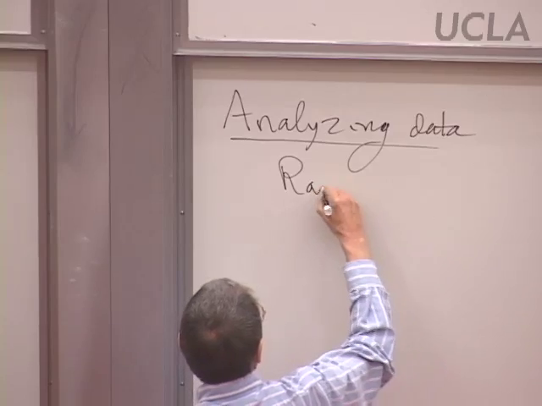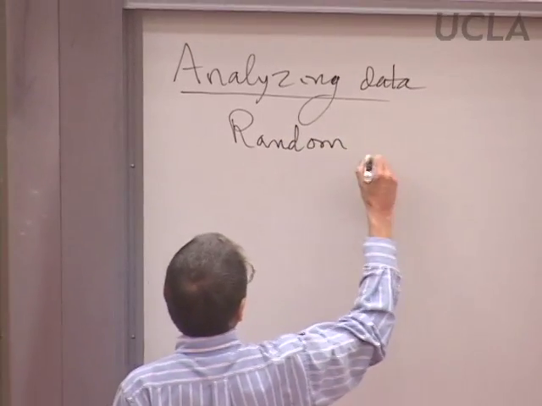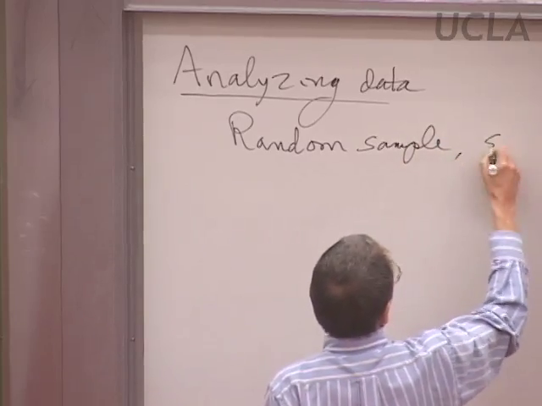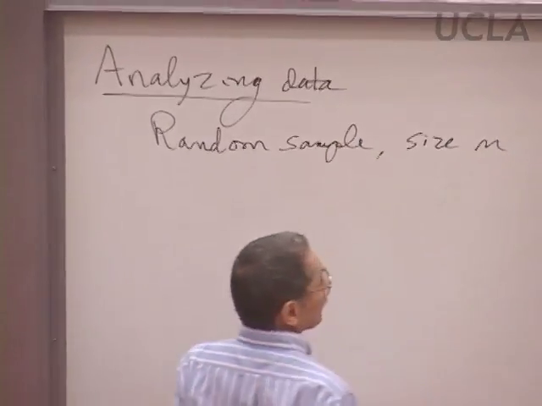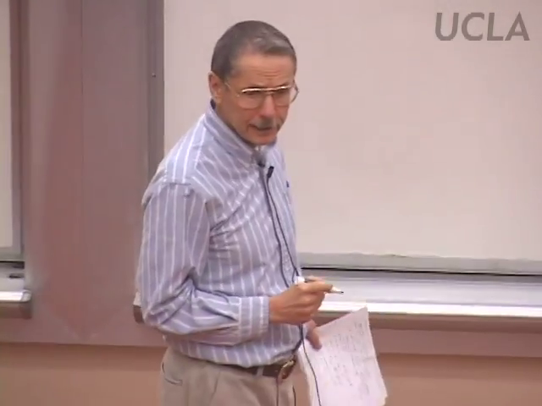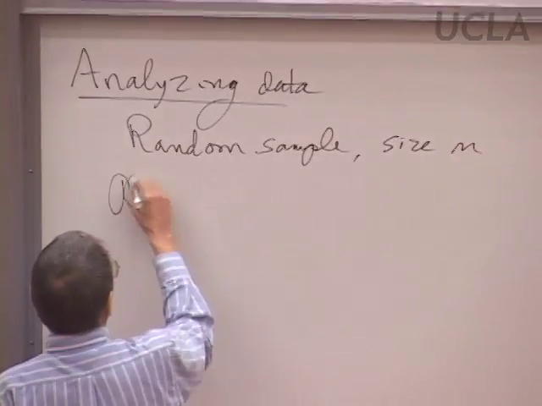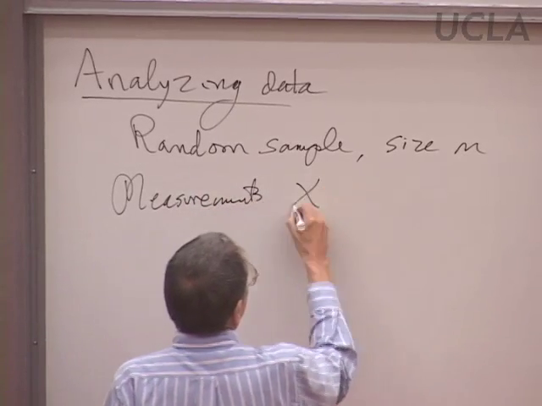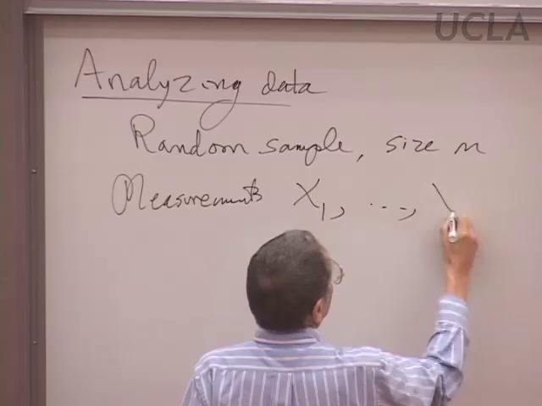We assume we've somehow managed to take a random sample of size, some size, say n, and so we get these n measurements, X1, ..., xn.